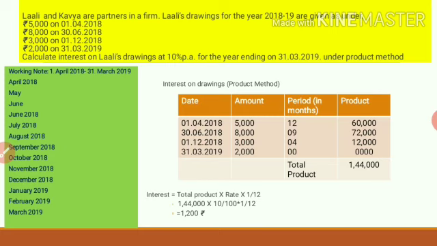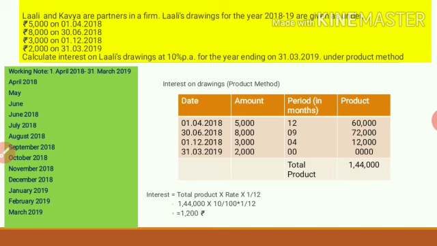So the first stage is about the financial year, that is 2018-19, which begins from 1st April 2018 and ends with 31st March 2019. Now what is the first amount and date? That is 1/4/2018. They had withdrawn 5,000 rupees. Now 1/4 is nothing but April.